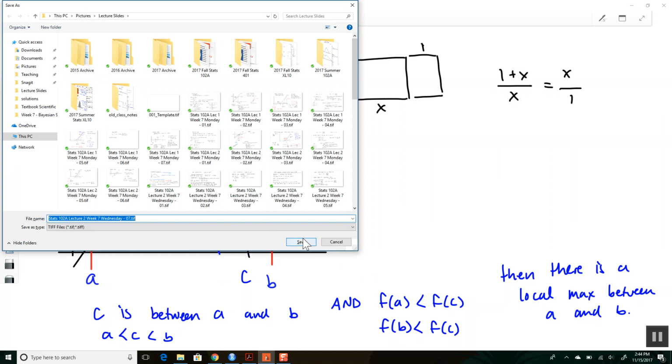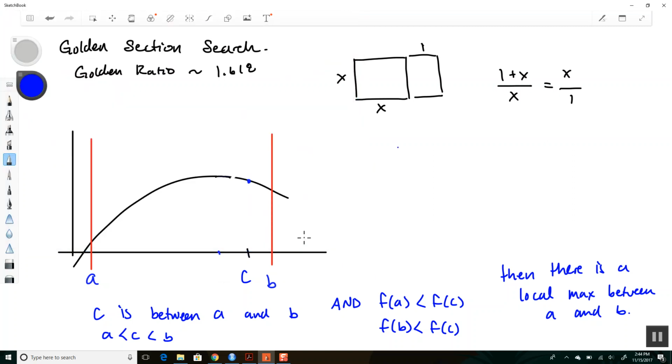The same can be applied to a minimizing function, right? So if you have, what's going on here? Then the same idea applies here.